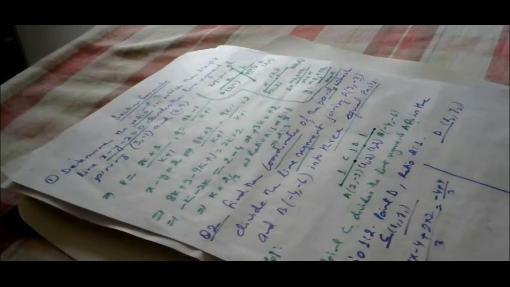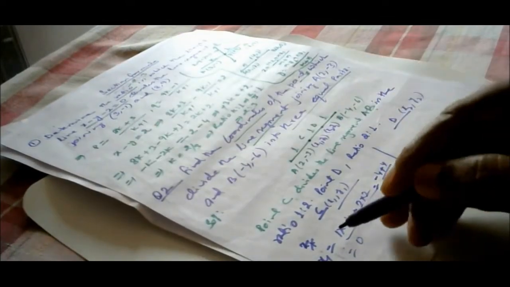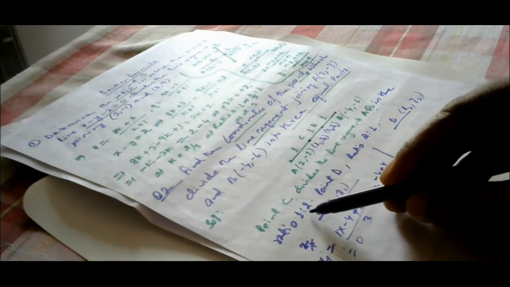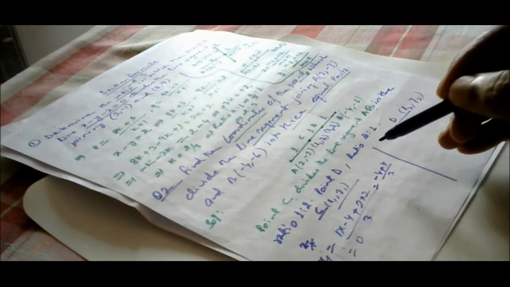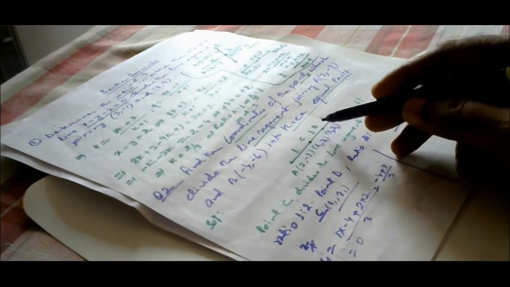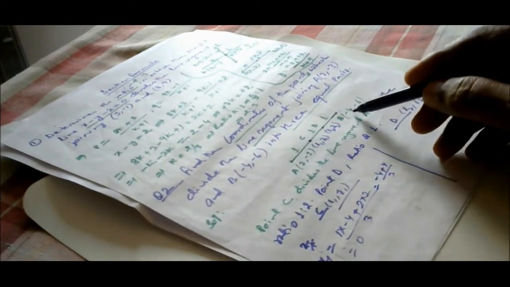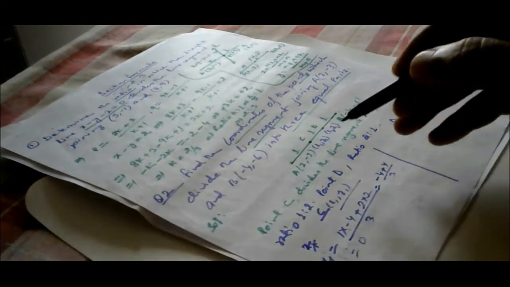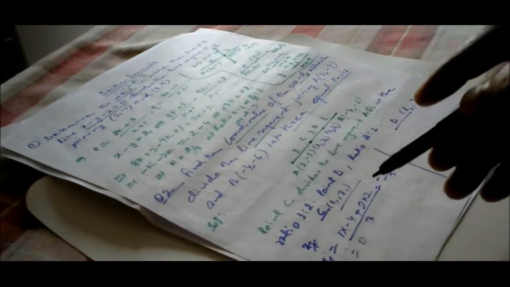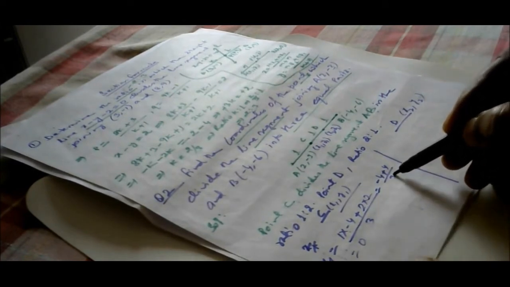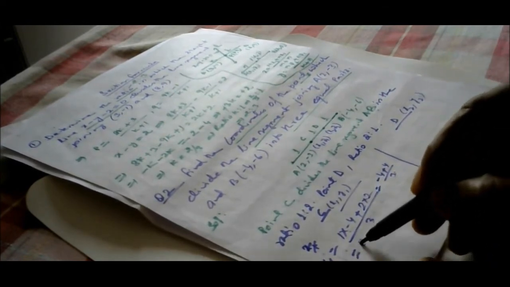As I told, this point C is dividing this line segment AB in the ratio 1 is to 2. So 1 into minus 4 will come here, plus 2 into 2, 4, divided by 3. So minus 4 plus 4 divided by 3 gives us 0.